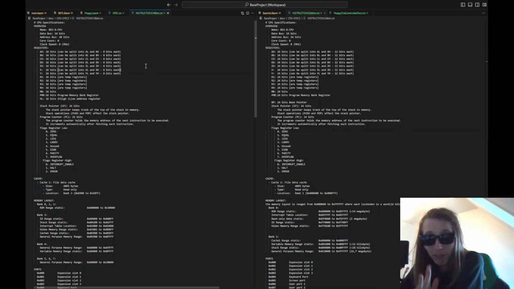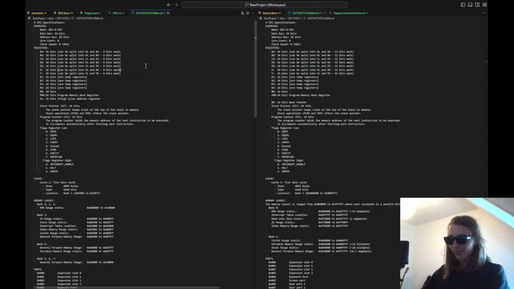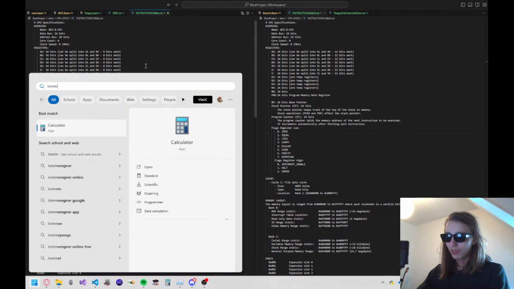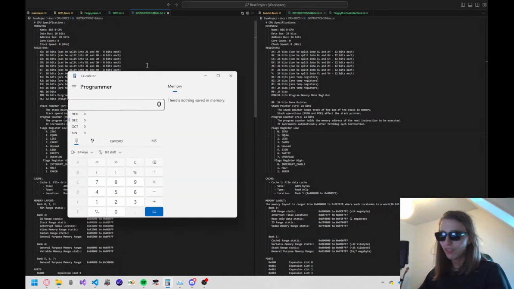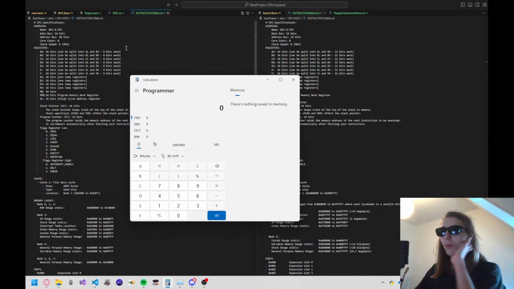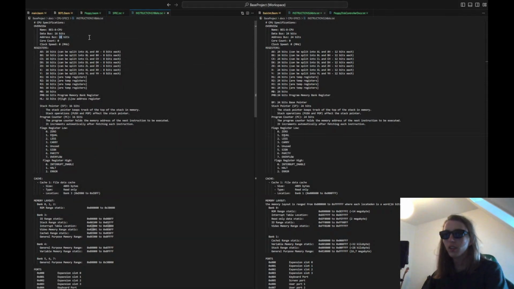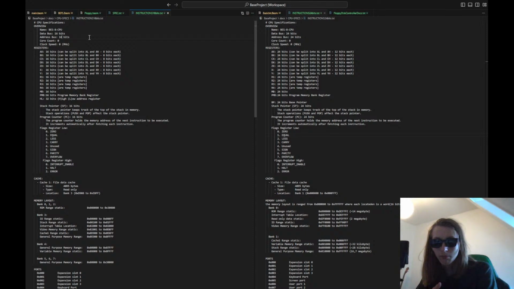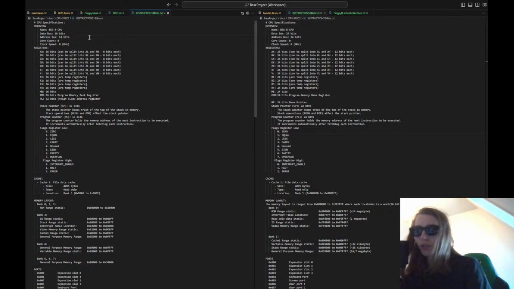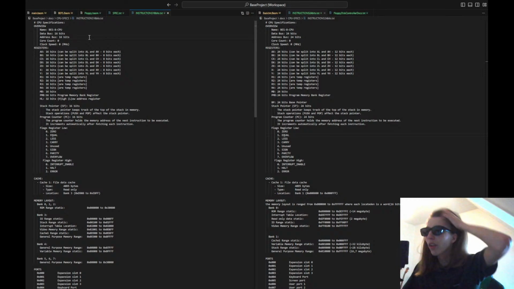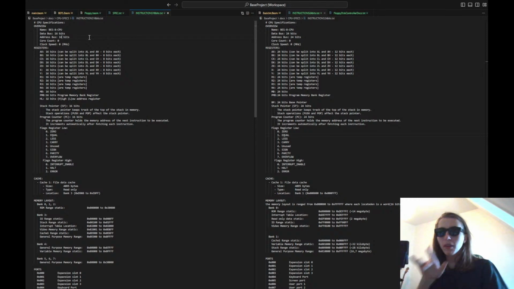So what I've decided to do, let me get my calculator up and running, is this: beforehand this was a 16 by 16 CPU.